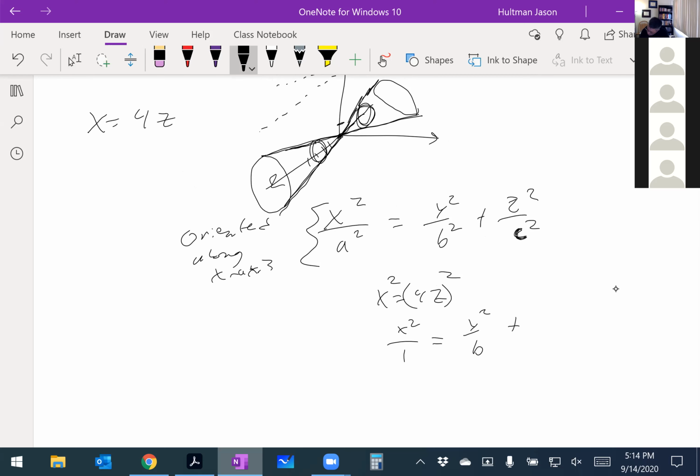So x squared plus y squared plus z squared. So this is x squared equals 16z squared, right? So this would be x squared over 16 is equal to z squared.